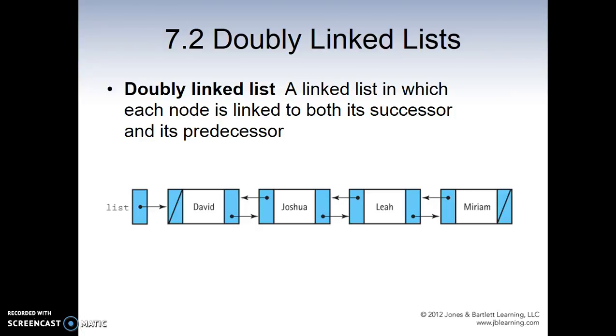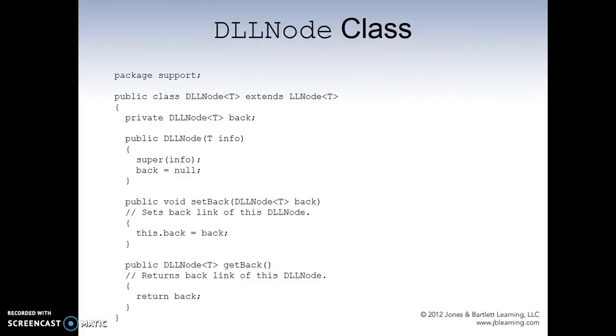When you do this, you no longer need previous. But new node, you need to have 3 attributes. So that's why we're going to create a new doubly linked list node that extends from linked list node and adds a back pointer.